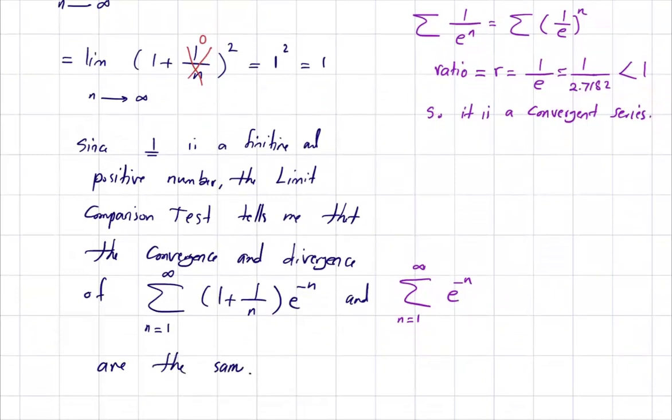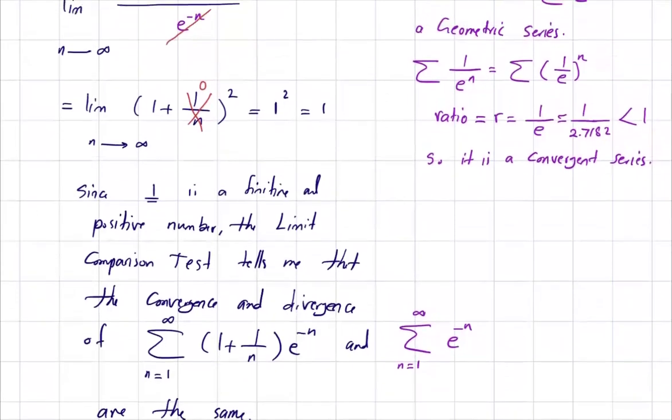But since we know that this geometric series is convergent, it means that the other series must be convergent as well.